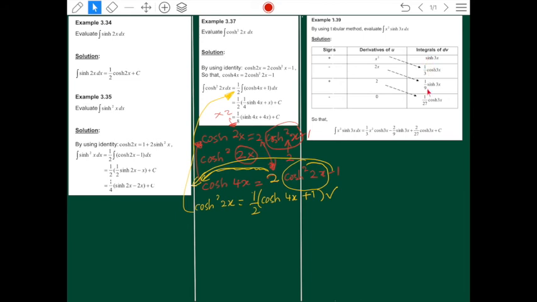You straight away integrate it until the last row matches the 0 at the derivatives of u. Once you have done that, you just multiply in the diagonal direction.